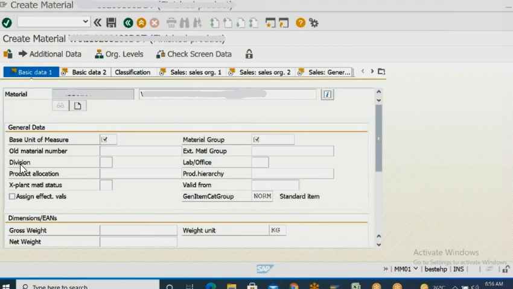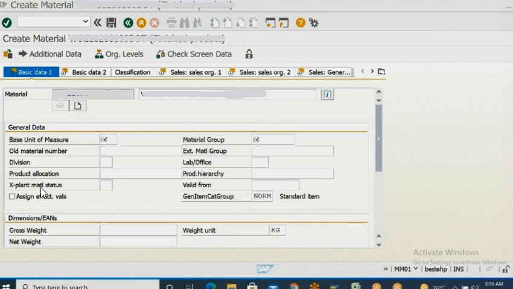If we maintain division here, then this division will be determined into the sales document line item. So when you are creating a sales document, the division of the line item will be copied from the material master, that is, from here.